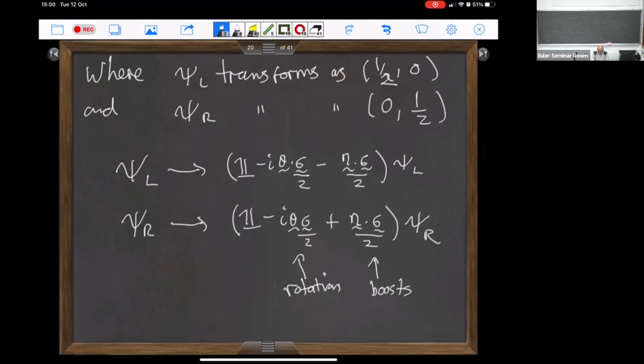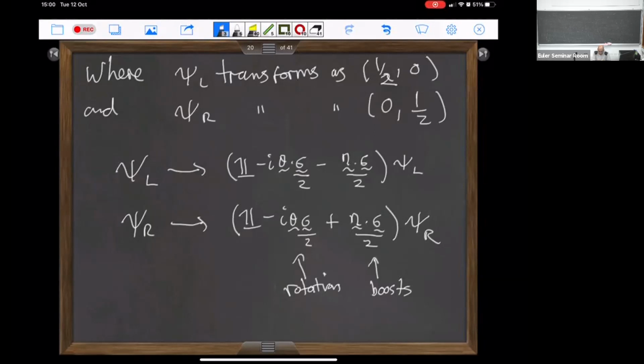So explicitly, at the Lie algebra level, the transformations of psi left and psi right are given here. And these are exactly the representations that we derived earlier.